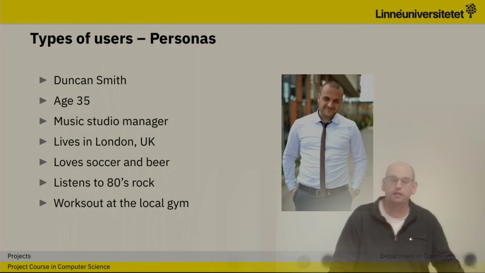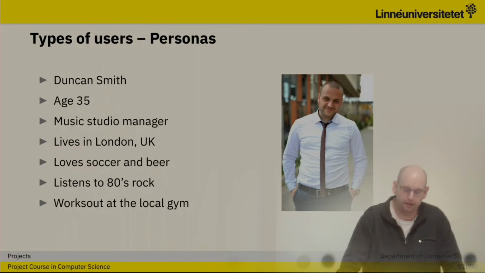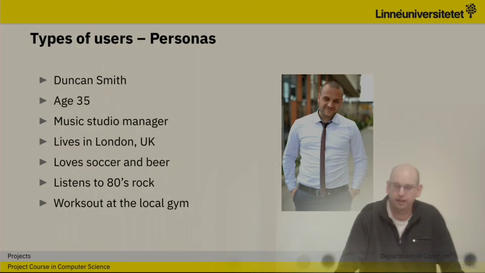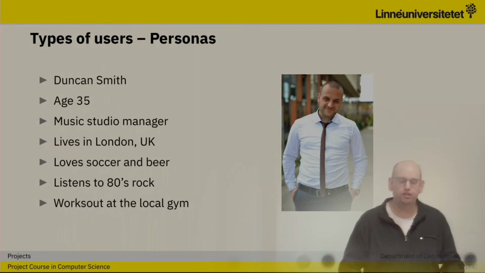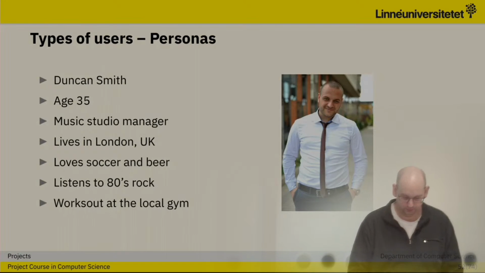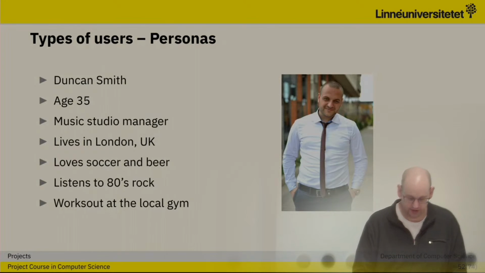But by giving this stock image all of these characteristics, and having him on the wall in my mind when I design and implement my system, I get a better picture of whom I'm actually creating this for. So please include Duncan as one of the buyers of the stuff.